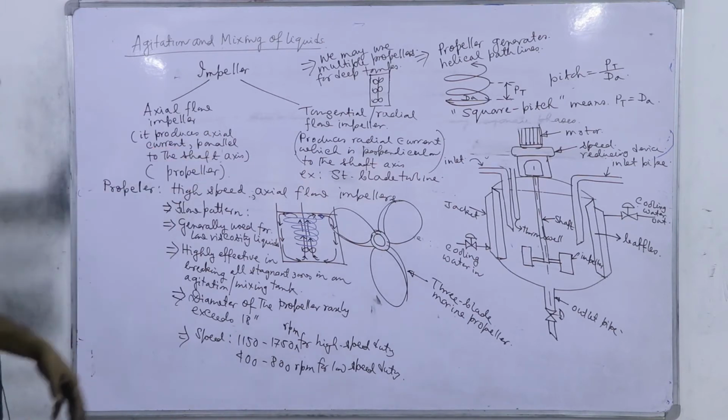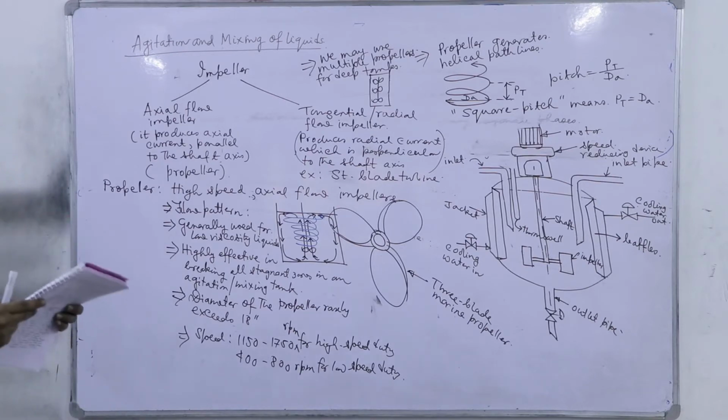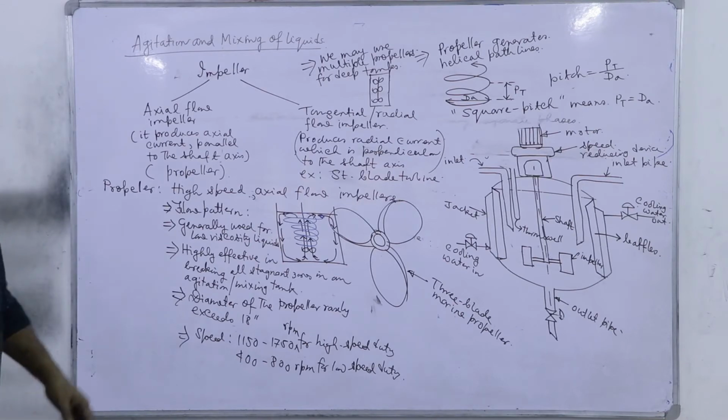Next, we come to the axial or radial flow systems. Radial flow impellers, the slow speed ones, are called paddles.